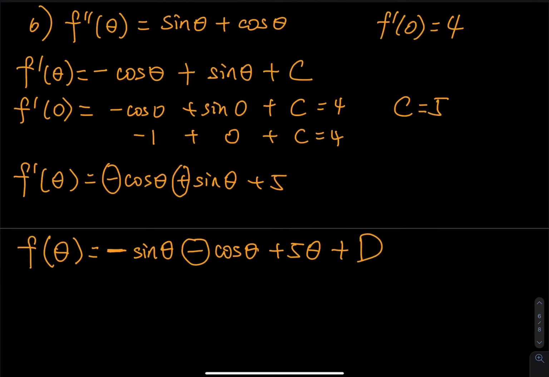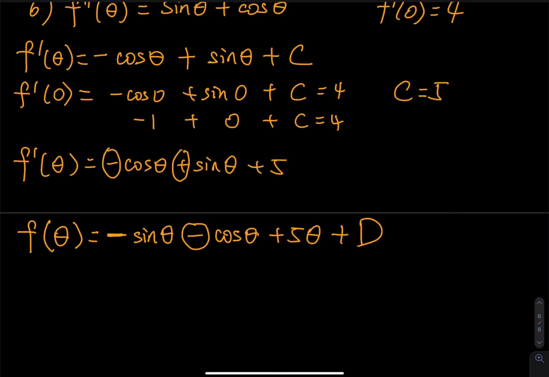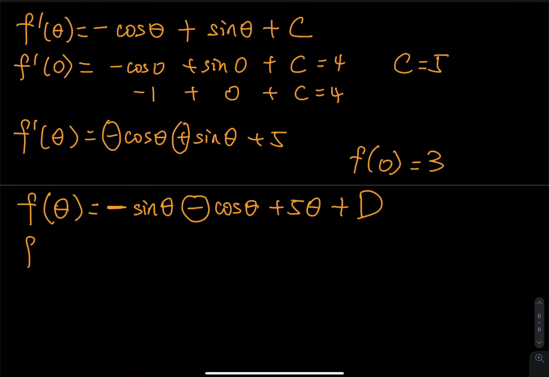And then you use the initial condition, f of 0 is equal to 3, right? So this is f of 0 equals negative sine of 0 minus cosine 0 plus 5 times 0, and then plus d equals 3.